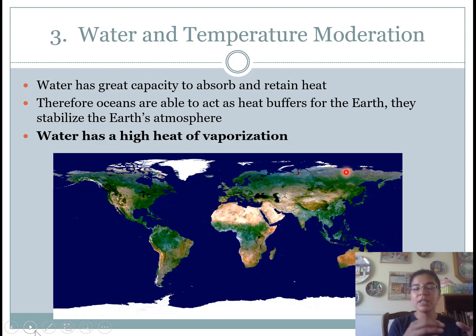So once the hydrogen bonds are broken, water evaporates and has taken some of that heat off of you to cool you down. It's the same principle applied on a global scale with the oceans. They act as a heat buffer, stabilizing the Earth's atmosphere.